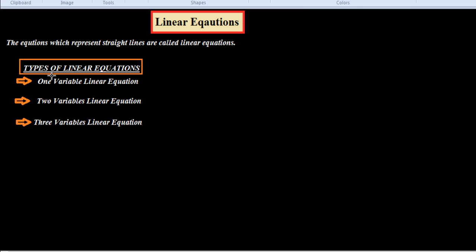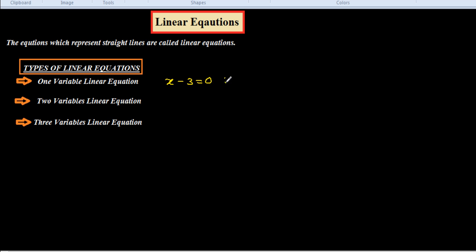You see here the types of linear equations. We have one variable linear equations, two variable linear equations, and three variable linear equations. In a one variable linear equation, just like x minus 3 is equal to 0, there is only one variable, x is the variable and 3 is a constant, so it is a one variable linear equation.